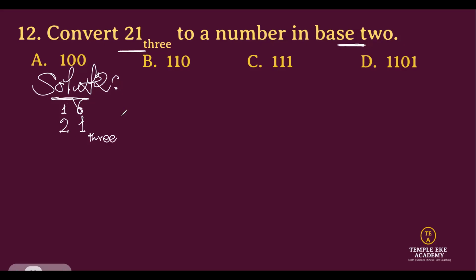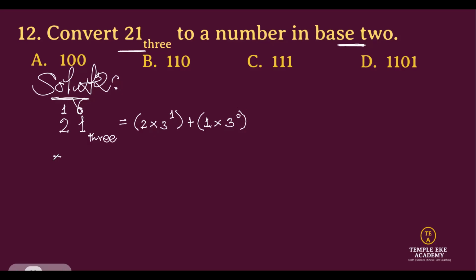Now the expansion is going to be: take the first digit, which is 2, multiply by the base, which is base 3, raised to the power written on it, which is 1. Plus, we'll take the next digit, which is 1, multiplied by the base, base 3, to the power of the number written on it as exponent, 0.